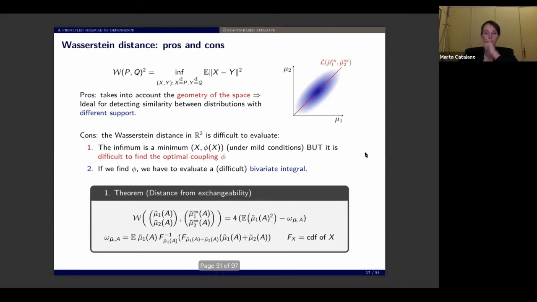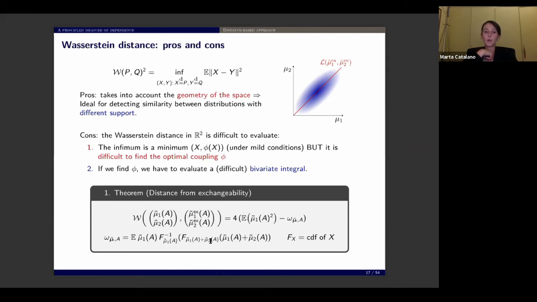Nonetheless, we managed to find a general result, which consists in finding the optimal coupling for every possible dependent structure of CRVs. And this, of course, determines also an expression for the Wasserstein distance itself. Now, if you look at this expression, you see that it depends on the CDF of the sum of the CRVs evaluated on a Borel set A. Now, this formula is quite complicated, and in some easy dependent structures, we can actually manage to evaluate it analytically.